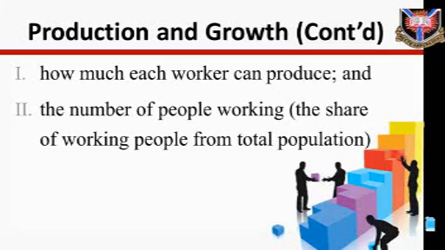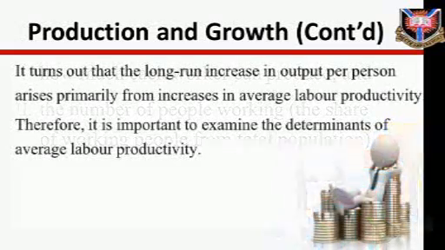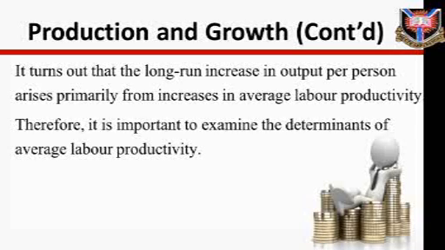That is, real GDP per person can grow only to the extent that there is growth in workers' productivity and/or the fraction of the population that is employed. It turns out that the long-run increase in output per person arises primarily from increases in average labor productivity. Therefore, it is important to examine the determinants of average labor productivity.